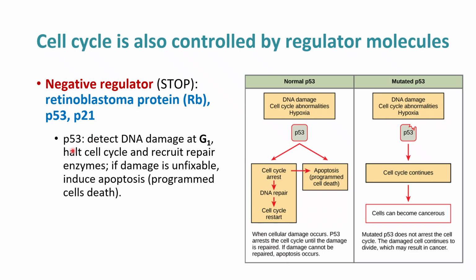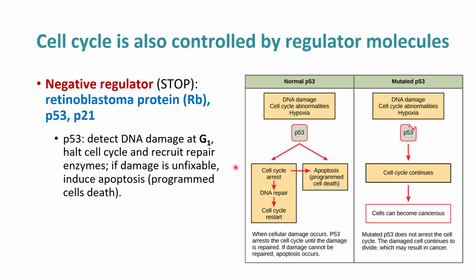So it's responsible for detecting DNA damage at G1 and halting the cell cycle to recruit repair enzymes in order to fix the problem. So if the damage is too severe and it can't be fixed, P53 here is going to induce apoptosis.